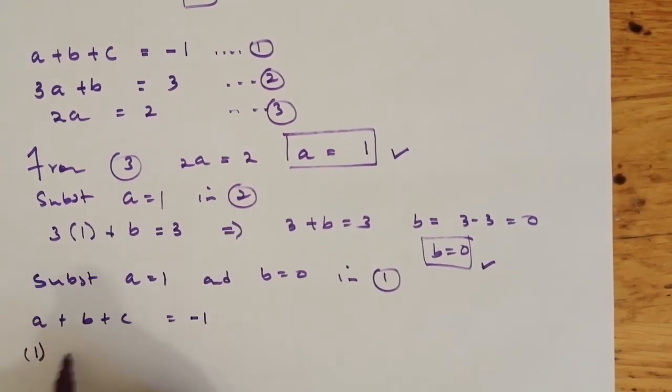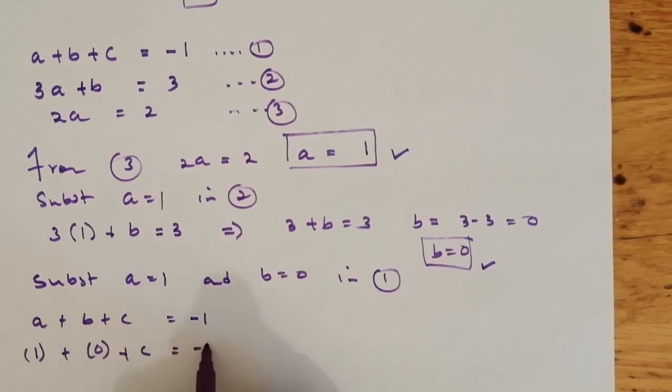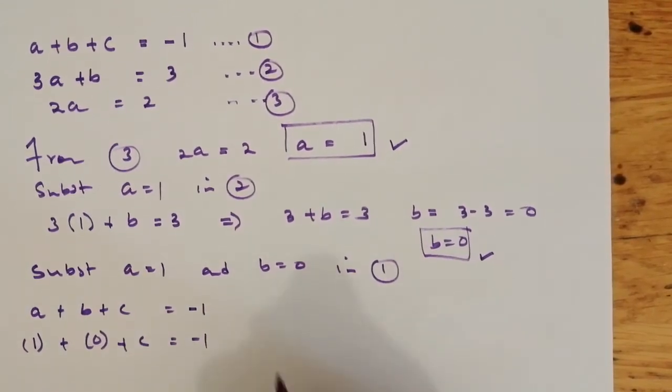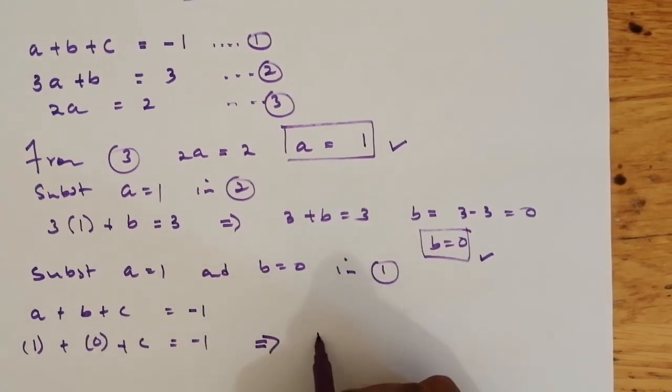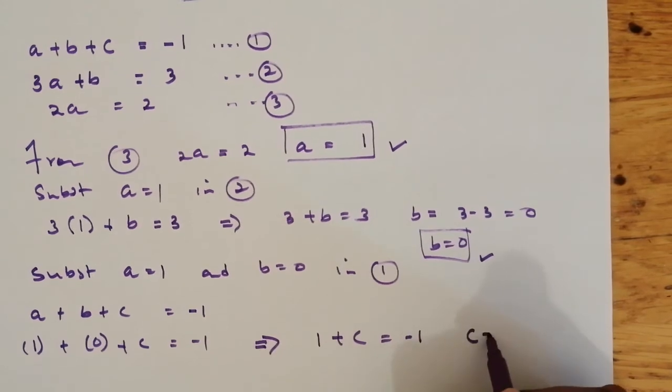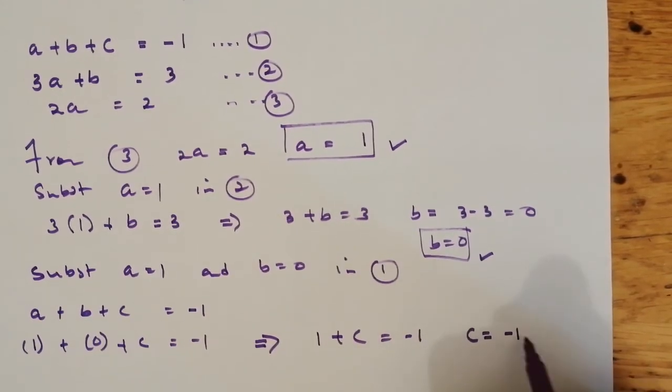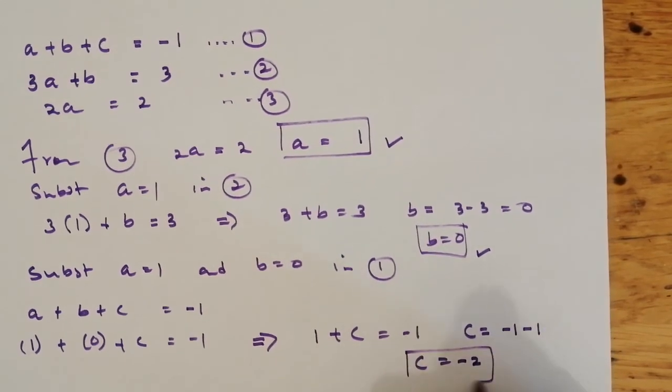So A is 1, plus B is 0, plus C equals -1. So this is 1 plus C equals -1. So C equals -1 minus 1. Hence C equals -2.